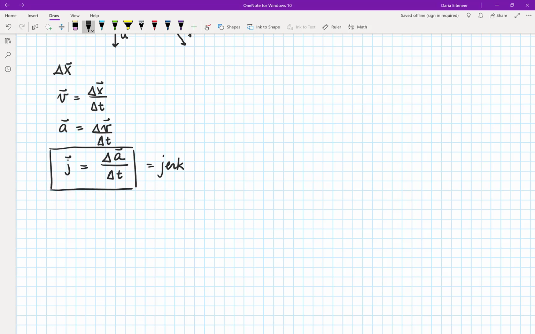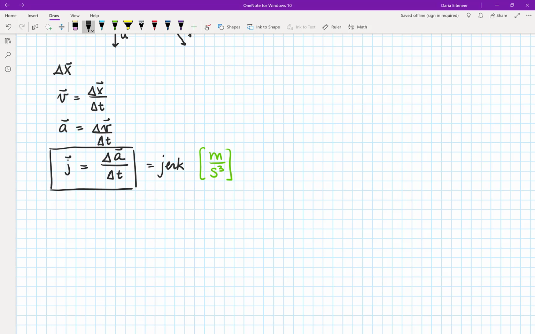Okay. But in this class, we're not going to really deal with that. I will show you units really quickly. This is meters per second cubed. Okay. And by the way, jerk can also change. And this process of changing all of these quantities can repeat forever.